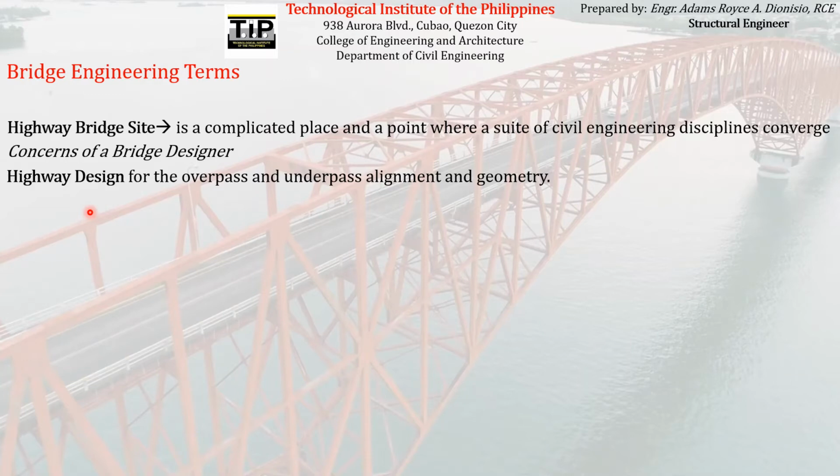The whole design of the highway, their alignment and geometry, what must be the required width and the required length of the highway, is one of the concerns of a bridge designer.